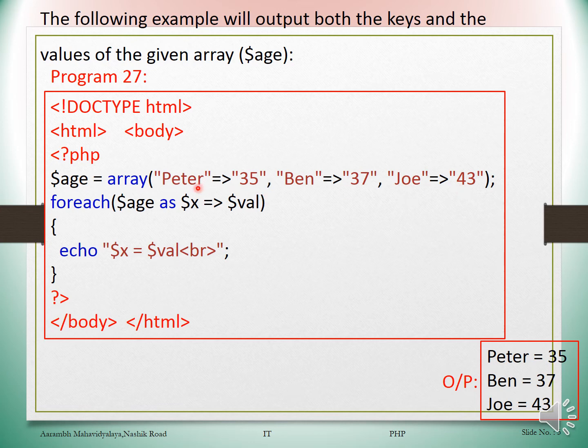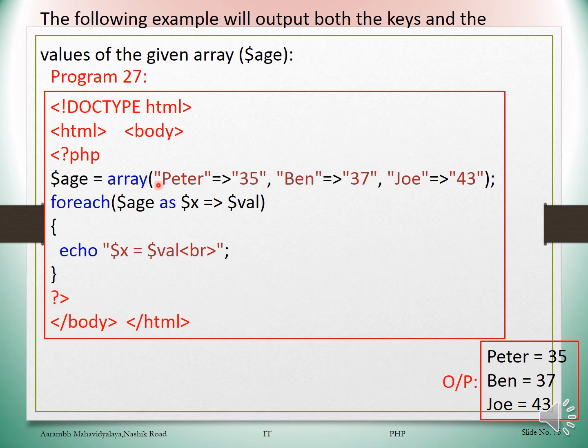Now we have to relate the value 35 to Peter. Therefore provide this equal sign and arrow here to indicate that Peter's age is 35. Similarly you have to use the same equal sign and angular bracket to indicate that Ben's age is 37, and the same for 43 to indicate Joe's age.